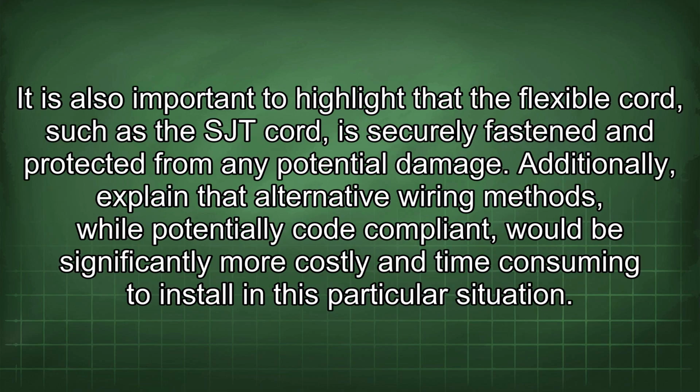It is also important to highlight that the flexible cord, such as the SJT cord, is securely fastened and protected from any potential damage. Additionally, explain that alternative wiring methods, while potentially code compliant, would be significantly more costly and time-consuming to install in this particular situation.